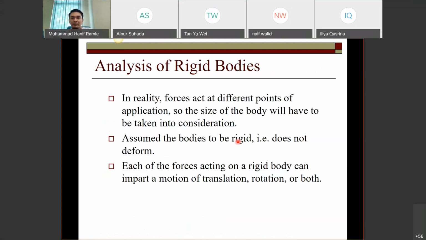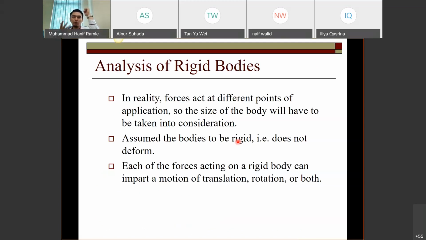A basic thing about rigid body: in reality, forces act at different points of application. You can see this in our body. In our body, there are many forces involved, external forces. Let's say this is my hand.